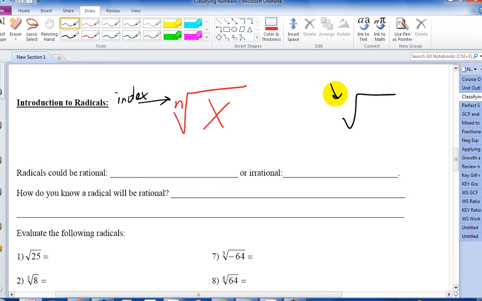It's got to be squared, a 2. So the index is 2. We're looking for two numbers that are identical. So for example, square root of 49 equals square root of 7 times 7, which equals 7. So the index is a 2. It's saying what two numbers multiply to 49. The number under the radical sign, we call that the radicand.